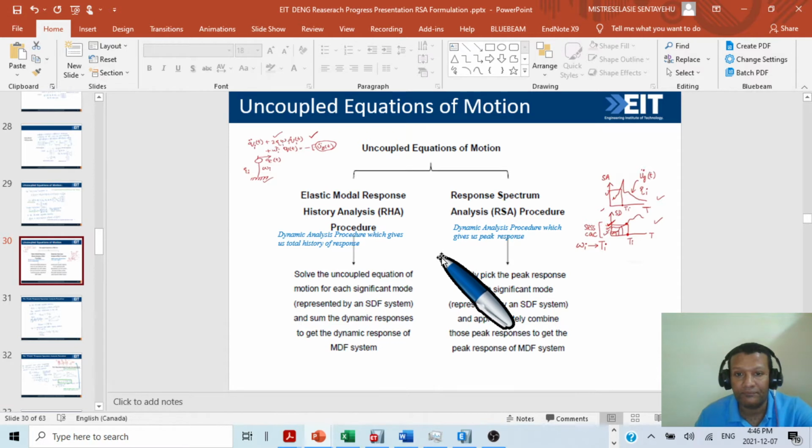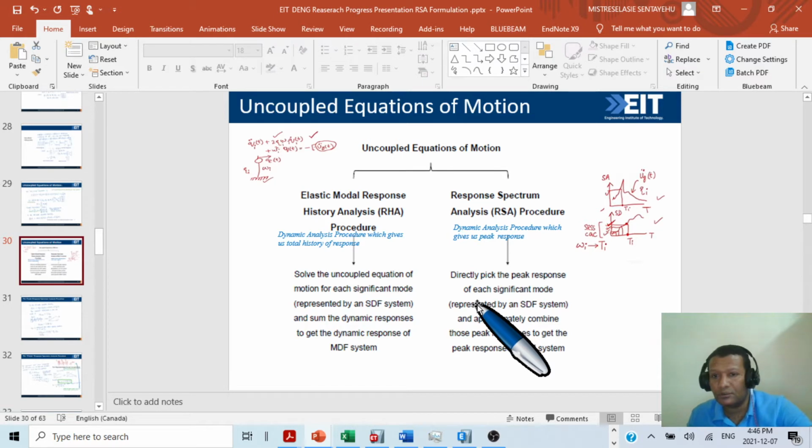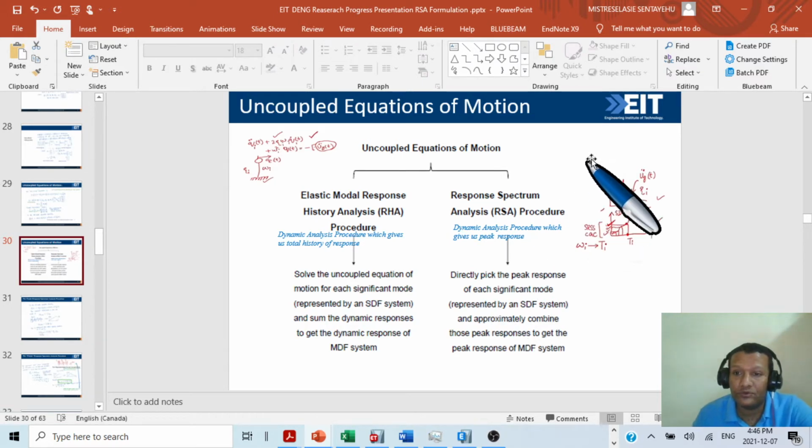But the response spectrum analysis is, as we have discussed, what we are going to do from a single degree of freedom system with the applied ug double dot, for a constant damping ratio and for each time period. We will run it, pick the maximum, and construct the displacement response spectrum, and from the displacement response spectrum we will change it into spectral acceleration and pseudo acceleration.